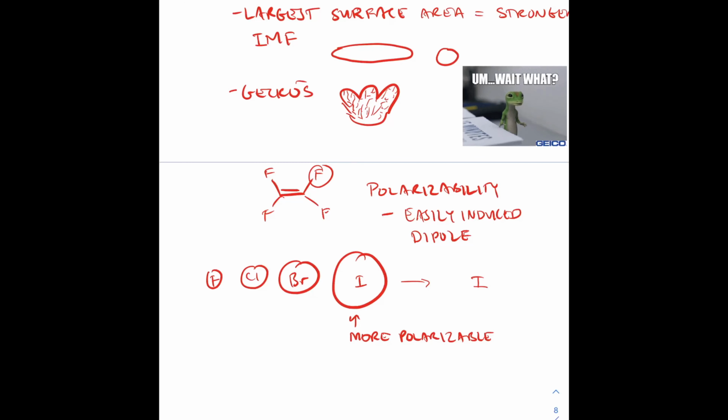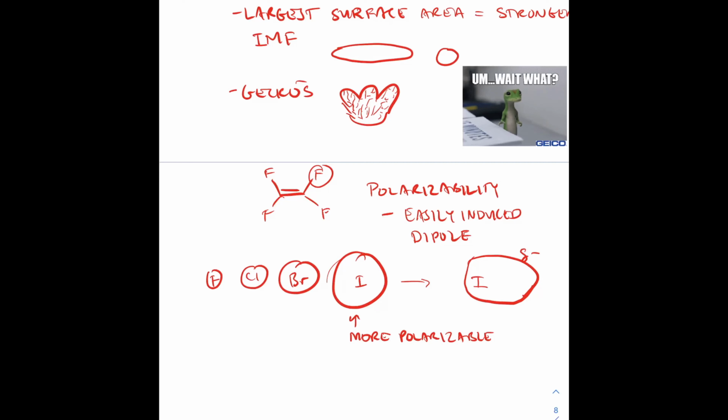Rather than maybe looking like a decently shaped circle, we can manipulate the dipole and have it favor one side, in terms of this being really delta negative and this not so much.